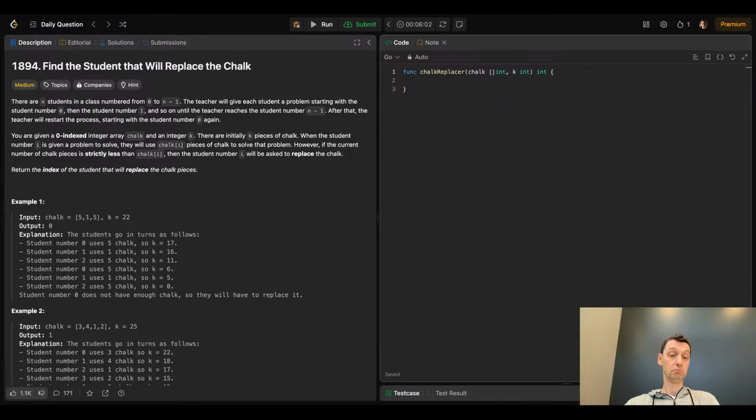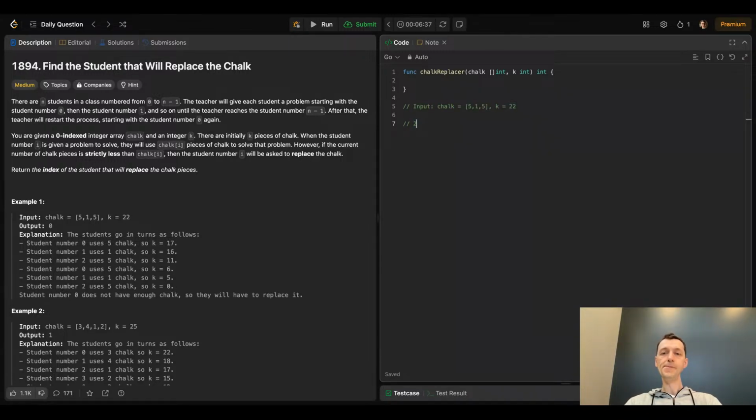An iterative approach. Because what will happen, we take the first example, 22.